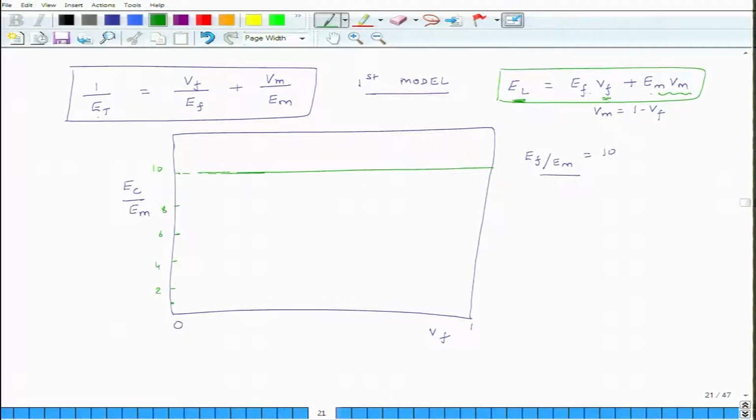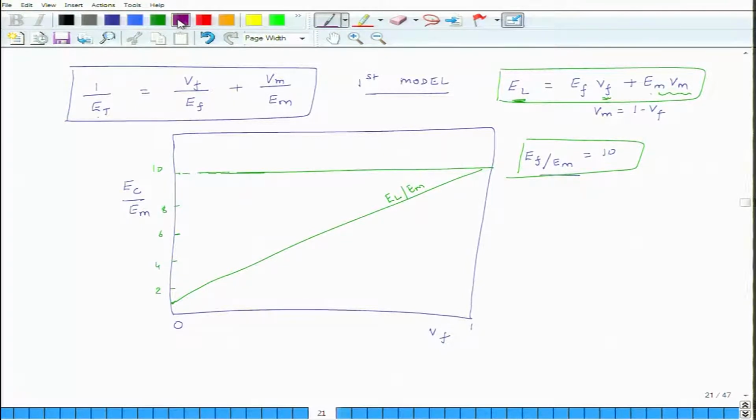So, E_L will be same as E_f, and E_L over E_m will become 10, because this is what we have assumed, right. So, this will be a straight line. This is the relation for E_L, or rather E_L over E_m.